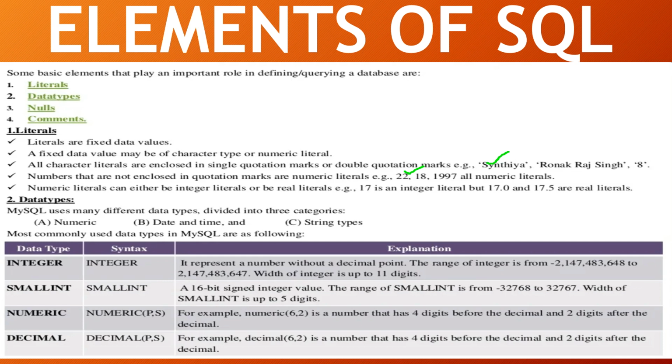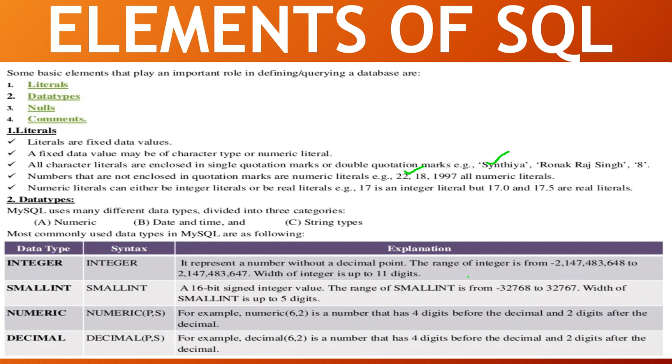But remember, if the literal is character data type, then it has to be enclosed in single quote or double quote, whereas numeric data types are never enclosed in any of these quotes.